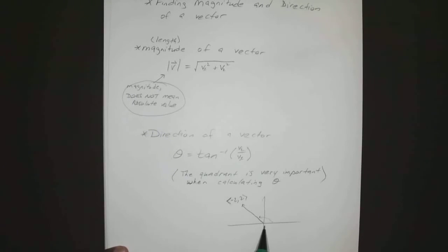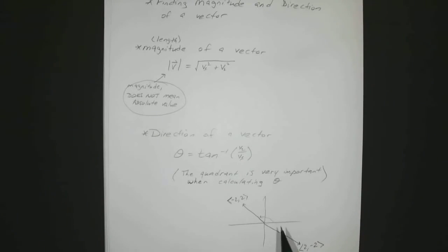But that same theta could also be -2 here. So it all depends on which quadrant you're in to determine which theta you'd actually use. So this could be theta equals something, and this could be a different theta, or be negative something.